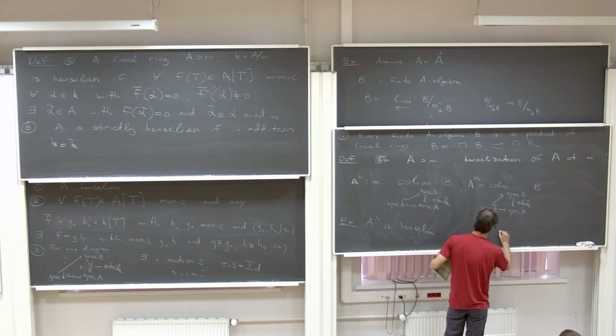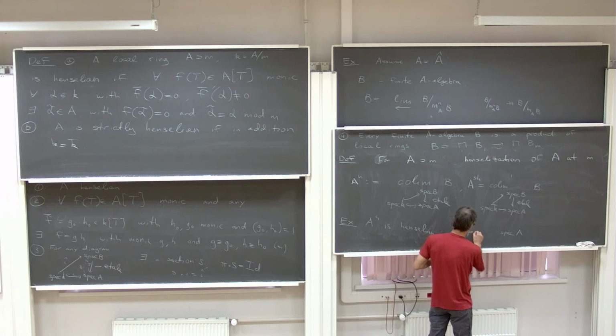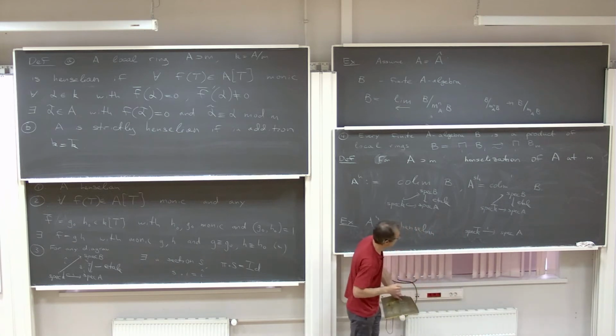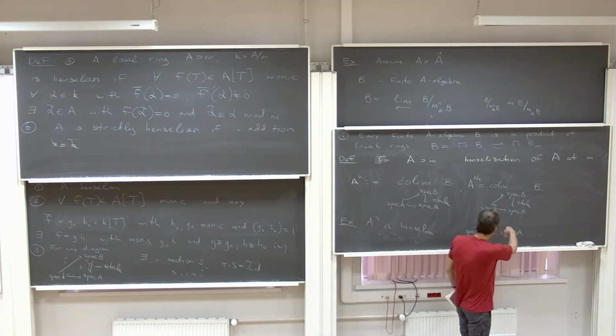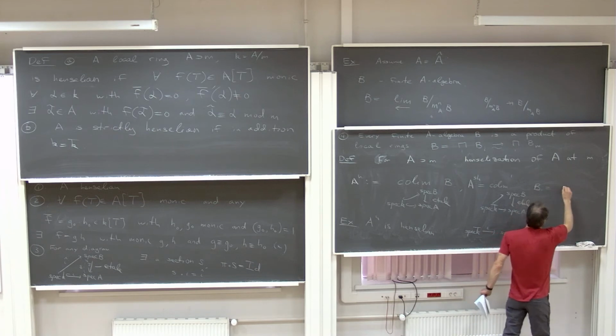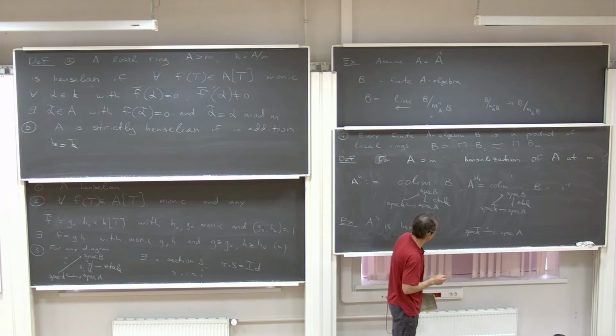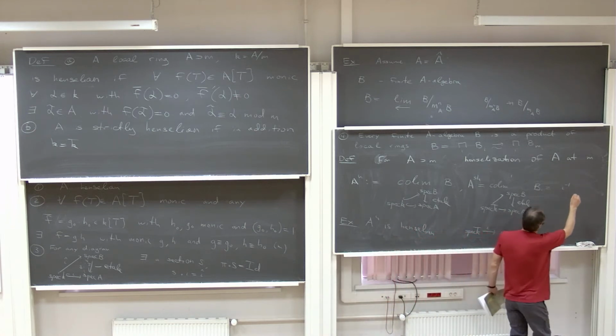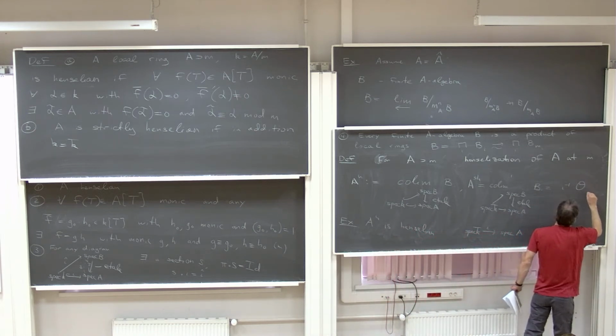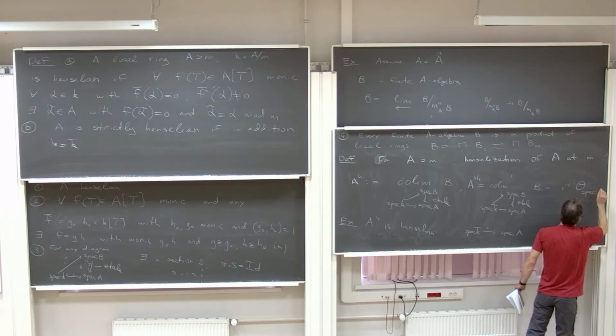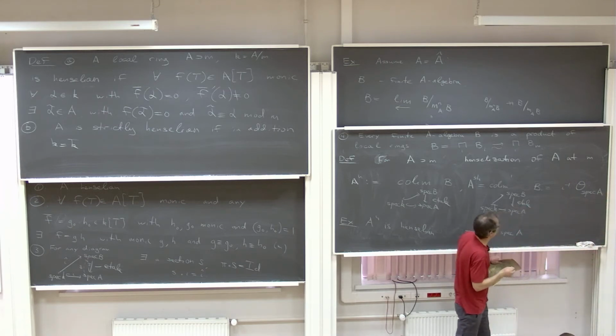So you have Spec A, you have the geometric point Spec K bar, and call this I. Then, just by definition, this is I inverse of the structure sheaf of Spec A. And, well, I have to specify the topology.